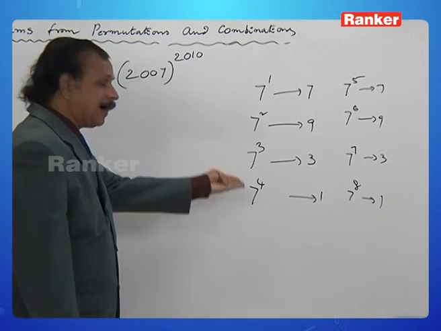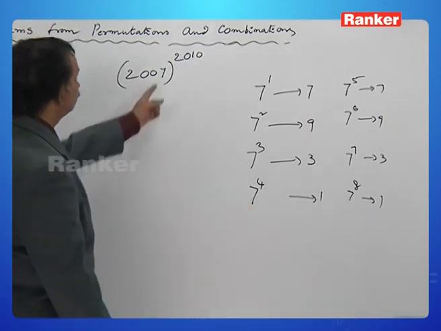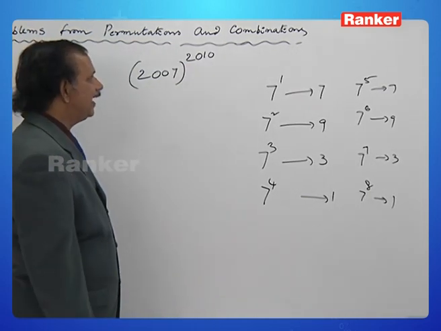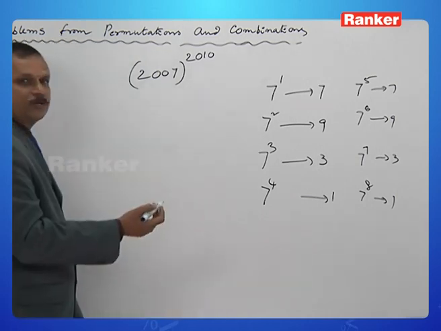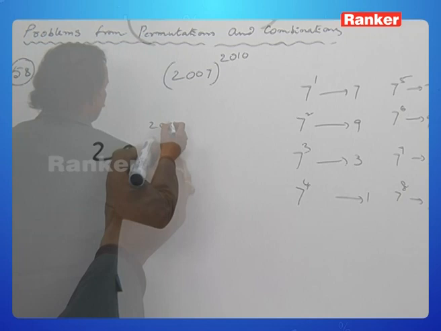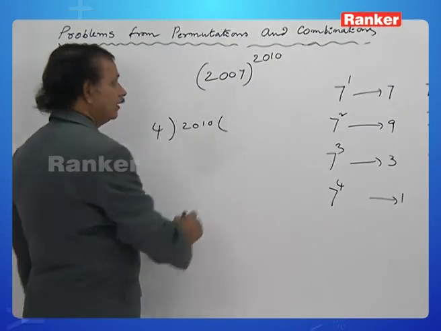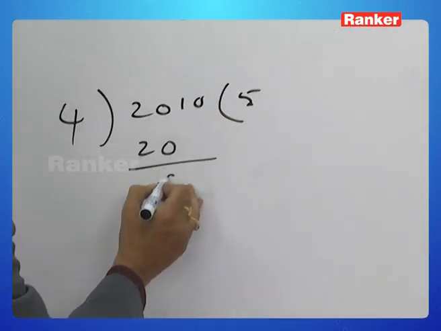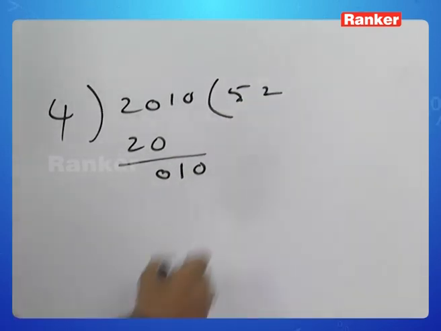By observing all these, 2010 is there. Now divide it with 4. What is going to happen? What is the remainder, you tell me? 2010 divided with 4. 5 4s are 20. 0 1 0. 2 4s are 8.